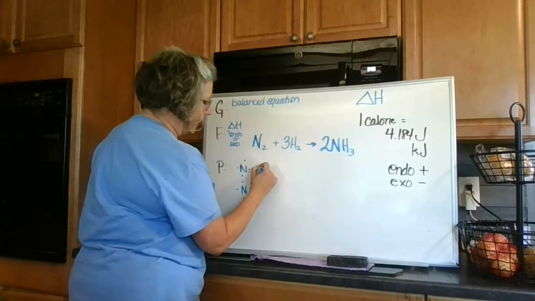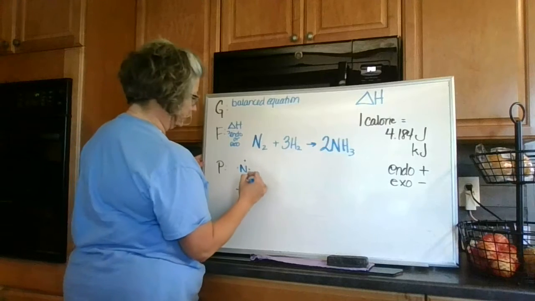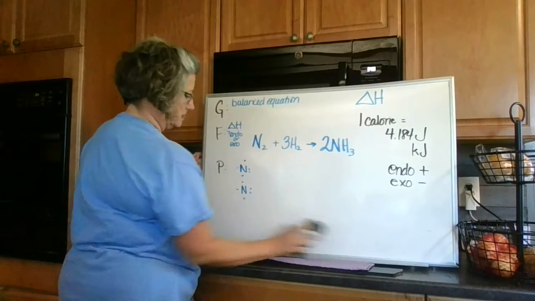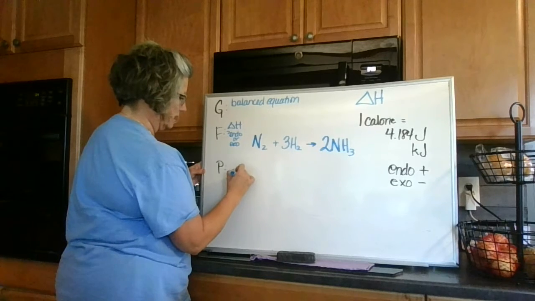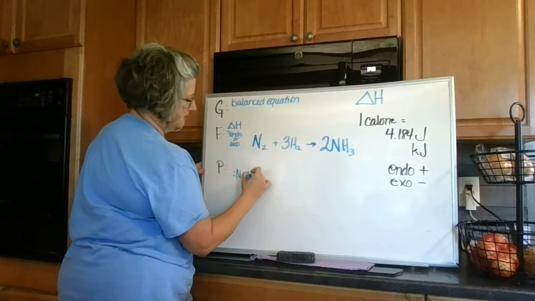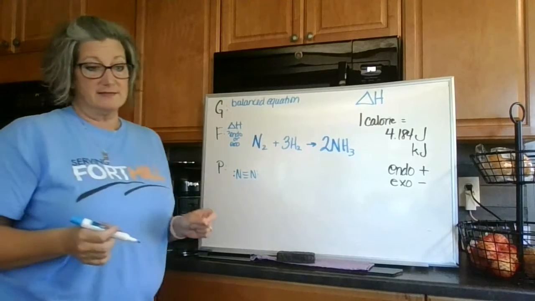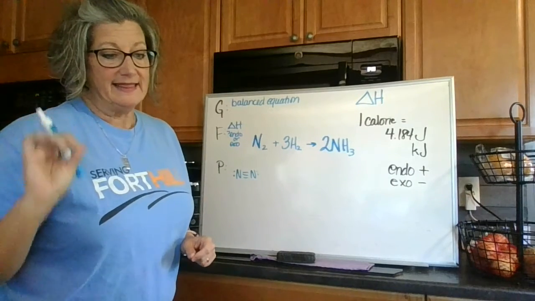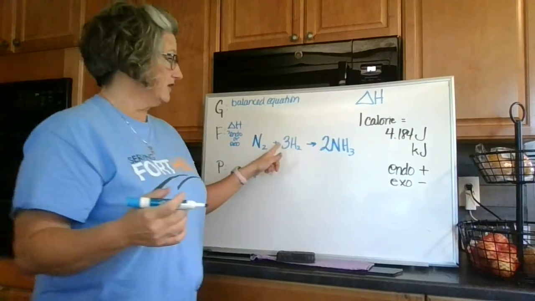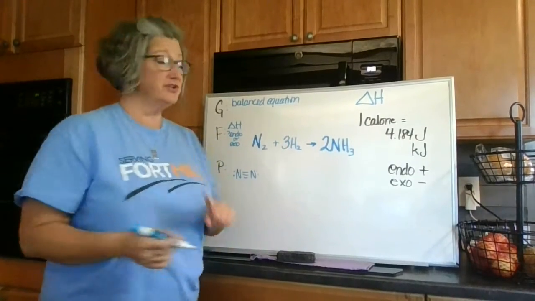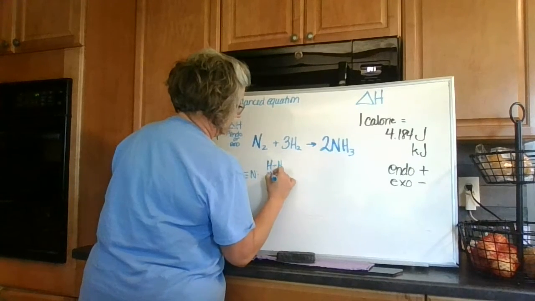When I write it out, it's going to look like triple bonds, my nitrogen triple bonds, okay? Then I have hydrogens. I've got 3 H2s. So my hydrogens, we're going to single bond.